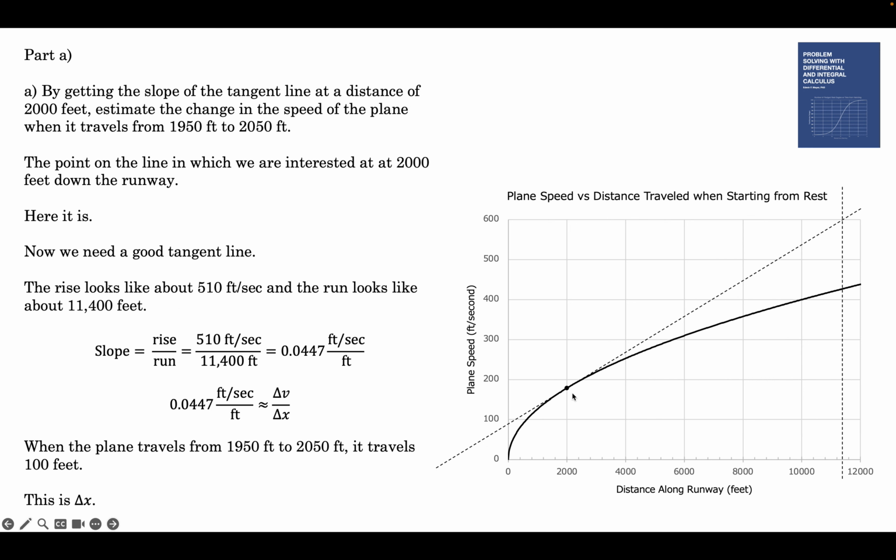We use the slope to get delta v. There's the slope, the change in the vertical is delta v, and delta x is 100 feet. We can solve this for delta v. It's about 4.47 feet per second. So when the plane goes from 1950 to 2050, the change in speed is about 4.5 feet per second.